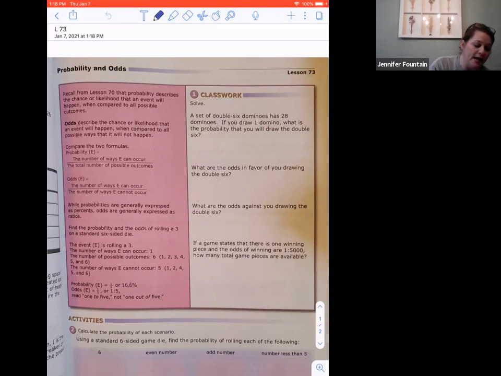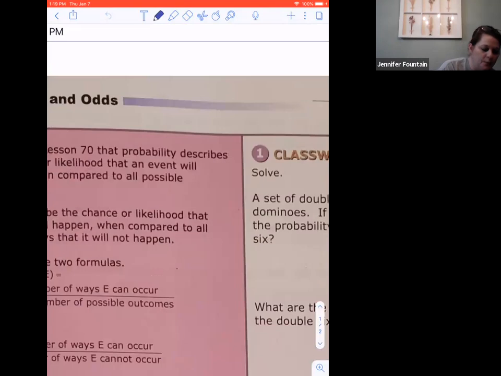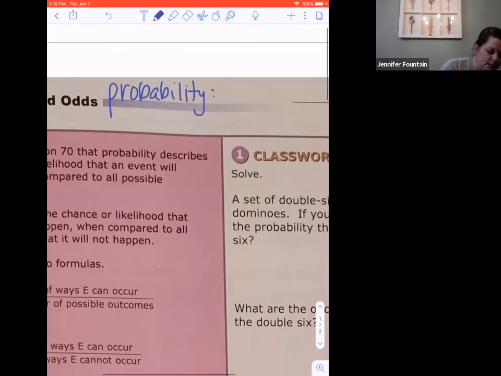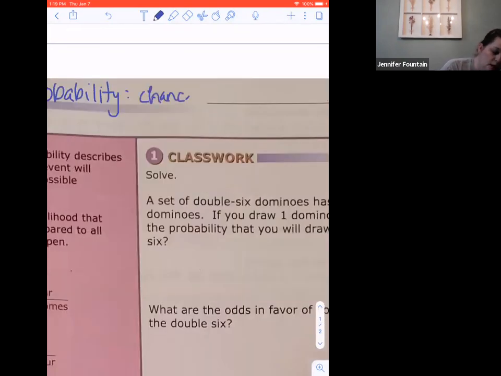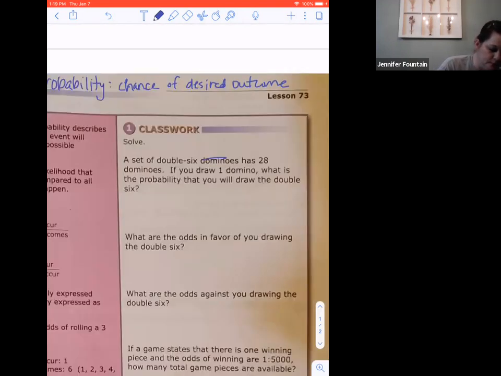So now when we talk about odds, let me real quick, we'll put at the top of our paper, probability is the chance of desired outcome over total possible outcomes.